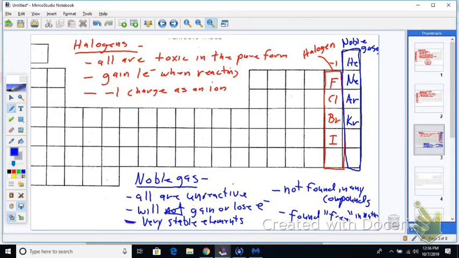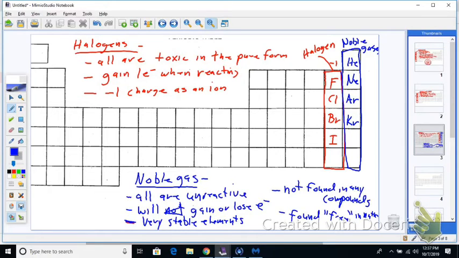Where is that bottom one found? Found free. Now, free doesn't mean money-wise. It means that they're found by themselves. They were the last group of elements that were found, compared to the other ones in their row, because they couldn't be isolated from a compound.